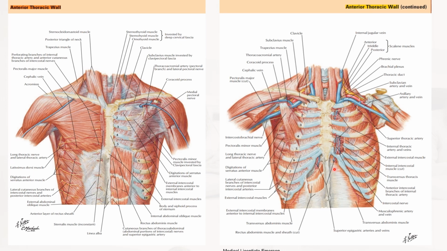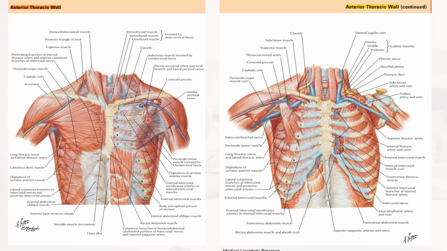Then this is the anterior thoracic wall. This is the deeper layer after we cut off the pectoralis minor and major and the serratus anterior. This is what we are left with.